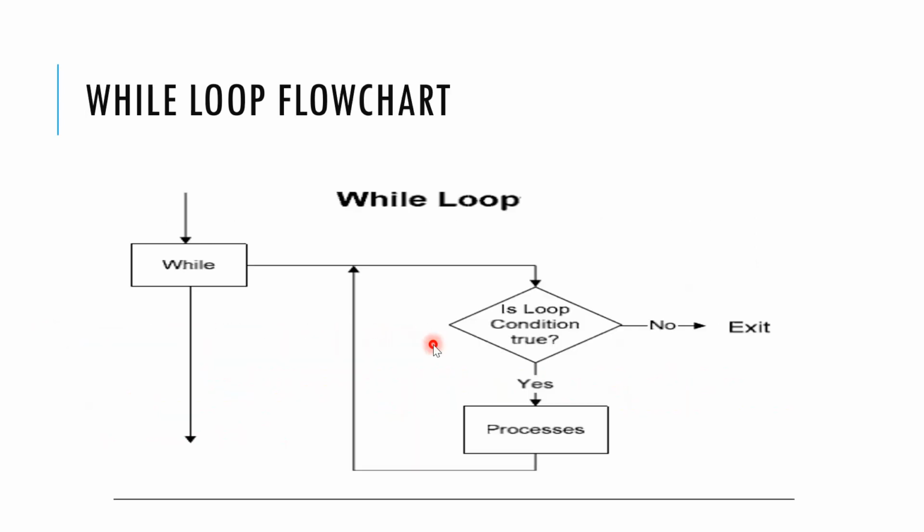For example, we set x is equal to 0 at the very start, and then we set the loop condition: until x is less than 10, go on and continue to execute this block of code.